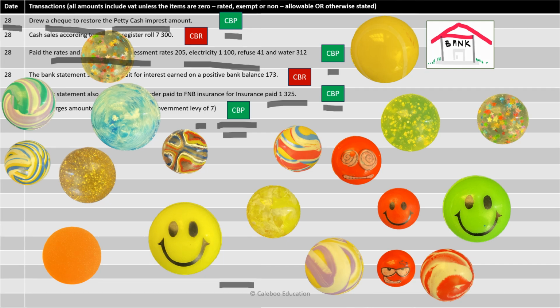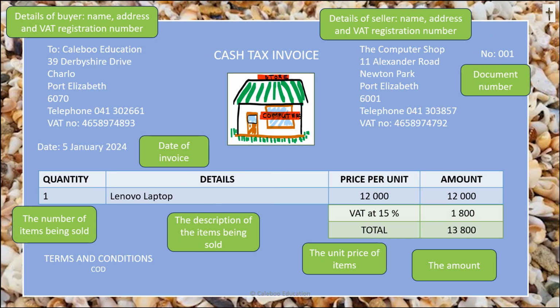I'm going to go through the documents involved in drawing up the Cashbook payments. What happens is, the computer shop sold to Calibu Education, it's a cash invoice.